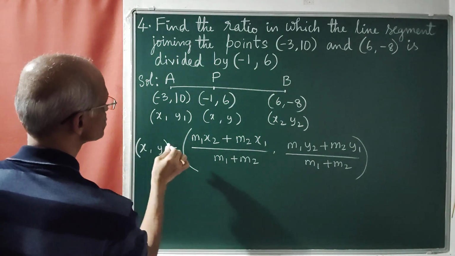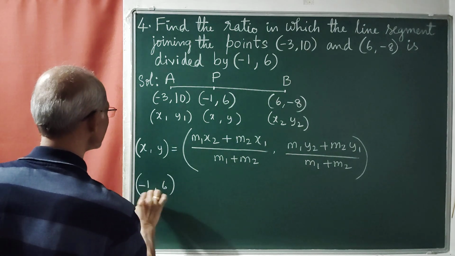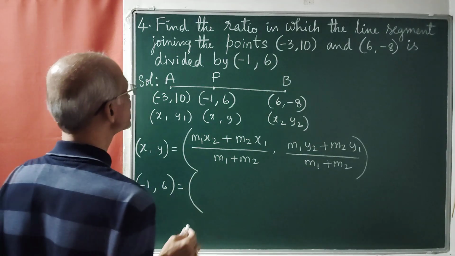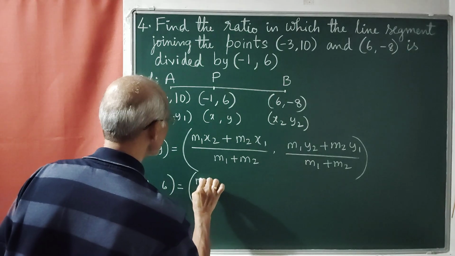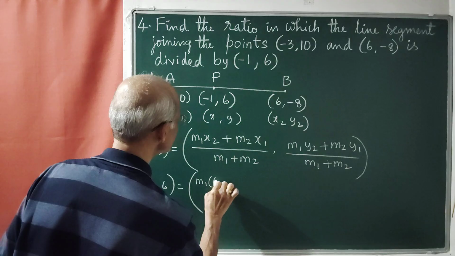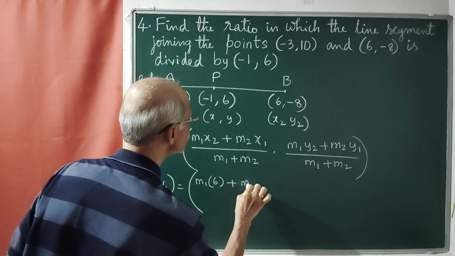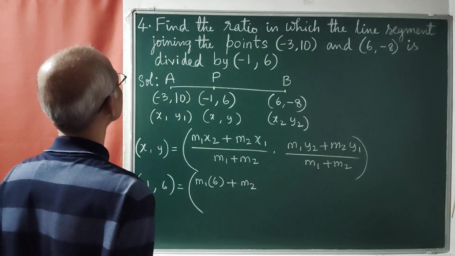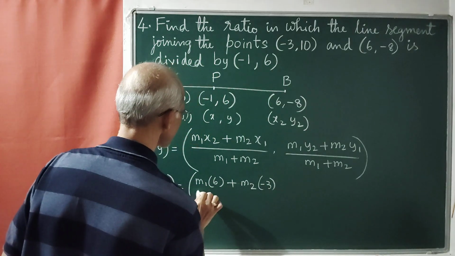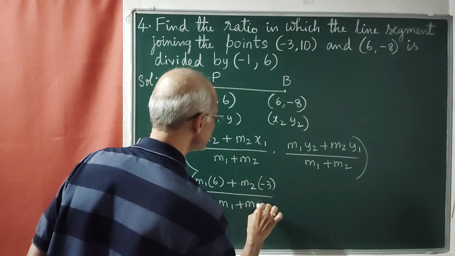So the value of xy is -1, 6 is equal to m1 x2. So m1, what is x2? x2 is 6, m1 into 6 plus m2 x1 is minus 3 by m1 plus m2.